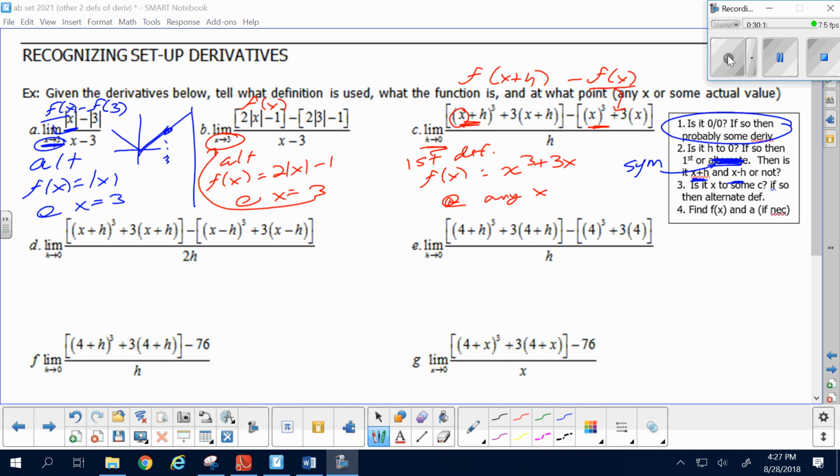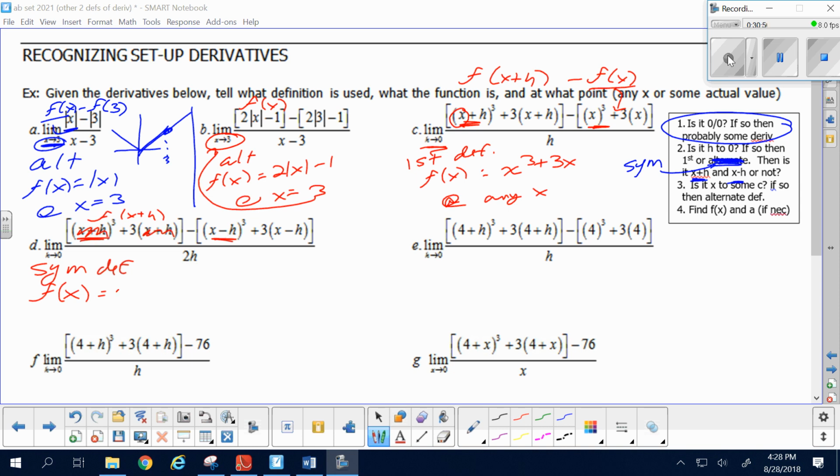This also feels like it's not alternate because it has h's, and we are therefore looking at the first definition of the symmetric definition. This time we have x plus h and x minus h, but that's a symmetric definition. The function is a little harder to tell here because there's no straight up f of x anywhere, but if this is f of x plus h, then what they must have put in for x plus h is just something cubed plus 3, and x cubed went in.